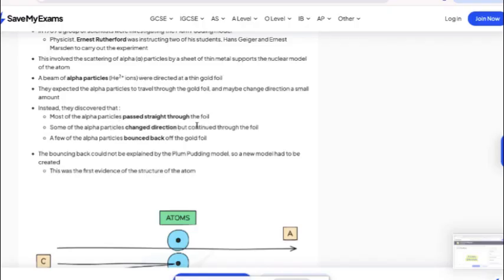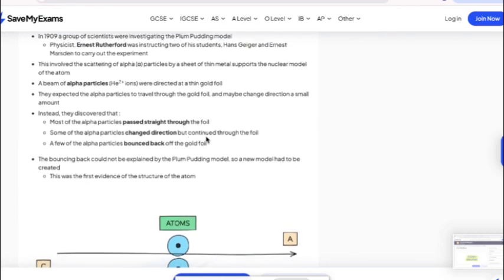They reported to their master that most of the alpha particles passed straight through the foil. This was one observation they wrote down. Another observation is that some of the alpha particles changed direction but continued through the foil.